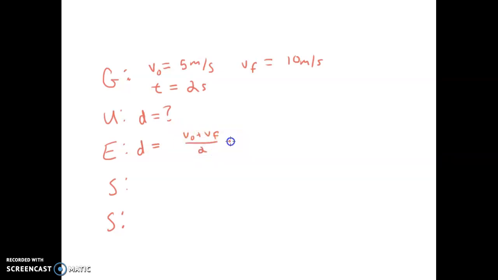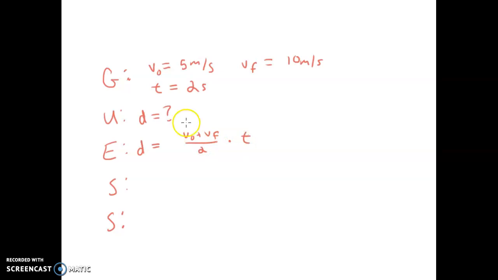If we were given a question that gave us initial velocity was 5 meters per second, final velocity was 10 meters per second, and time was 2 seconds, and we were looking for distance, we could figure out, and I'm shortcutting this a little bit, that our equation here is distance equals v naught plus vf over 2 times t.